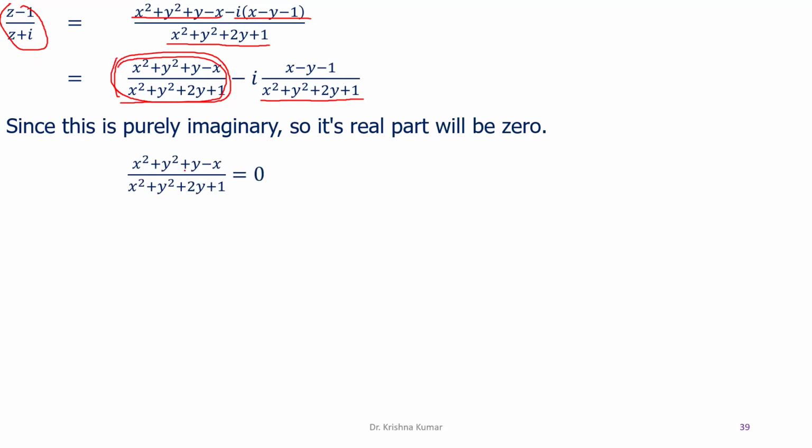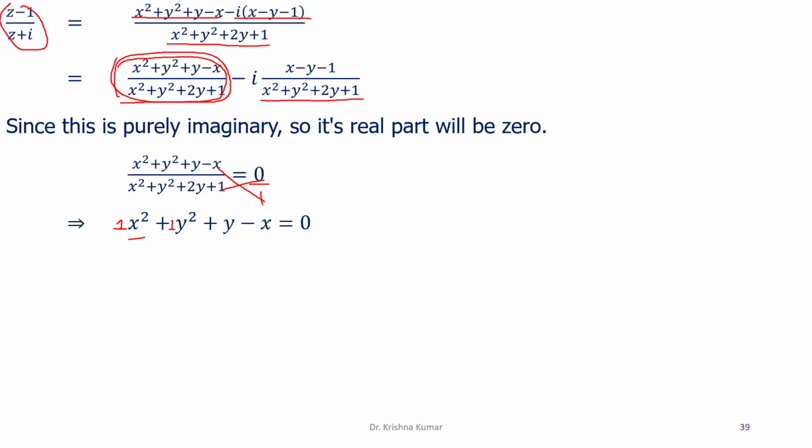That means (x square plus y square plus y minus x) upon (x square plus y square plus 2y plus 1) equals 0. We can write this as 0 by 1, so let us do the cross multiplication. We have x square plus y square plus y minus x equal to 0. Now, since the coefficient of x square and the coefficient of y square are 1, it is an equation of a circle.